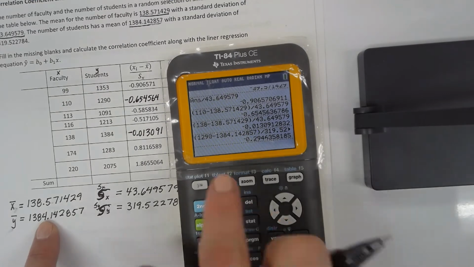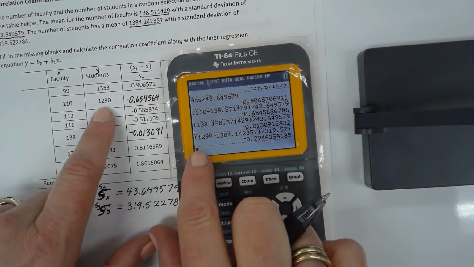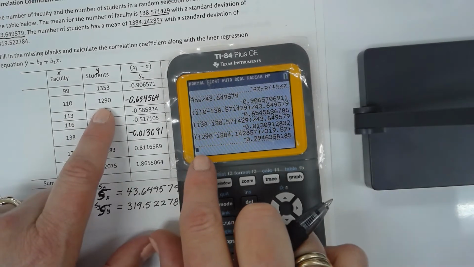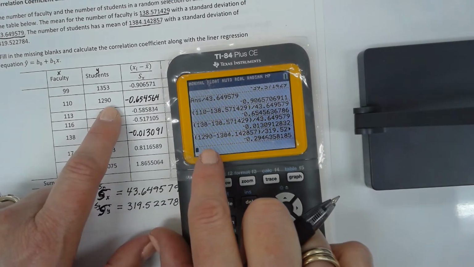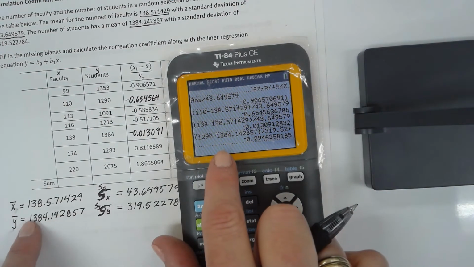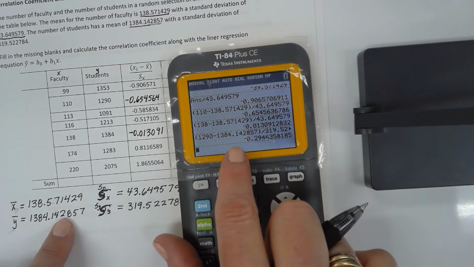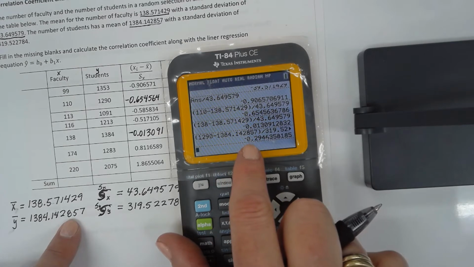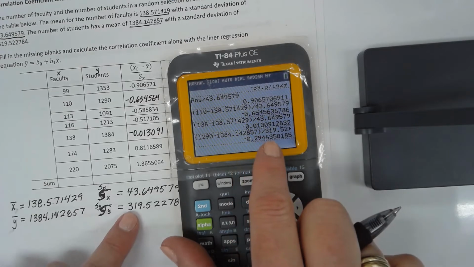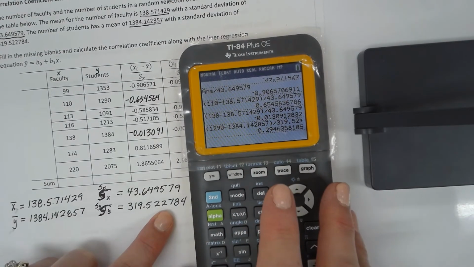All right, so did you put in open parentheses? I did it separately. You did it separately? Okay, but you did 1,290 minus the mean, which is 1,384.142857, and then divided by 319.522784.